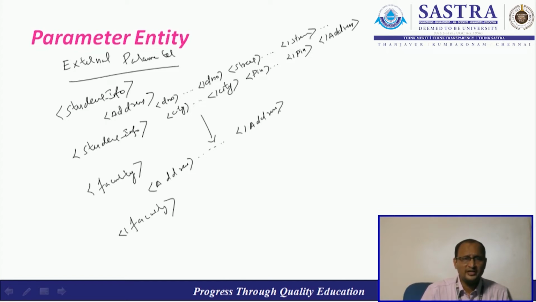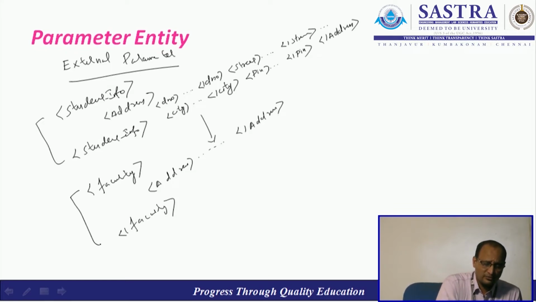Both their children are different, so even though their name is the same, we have to define it, because the address of student info and the address of faculty are different. So I need to define both elements twice. If we go for external parameter entity, then this process will be very easy. I can show you how to do that.